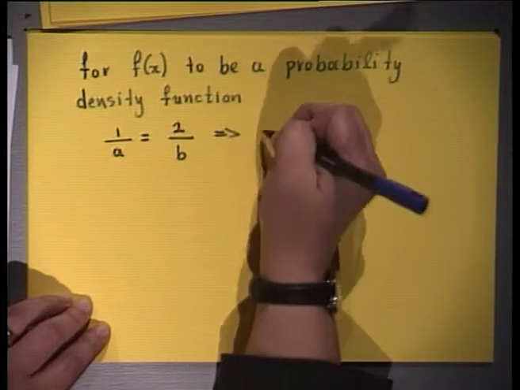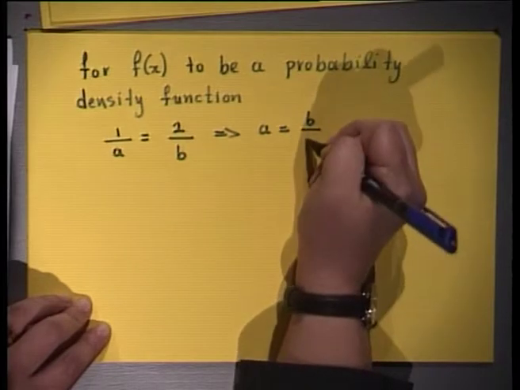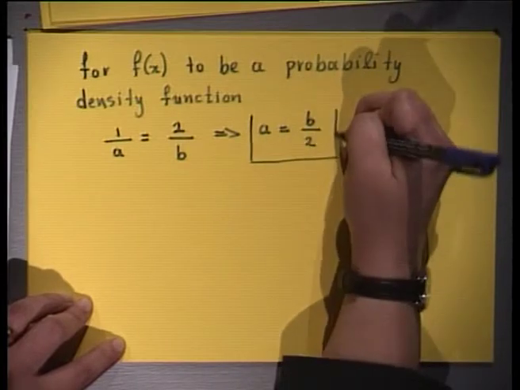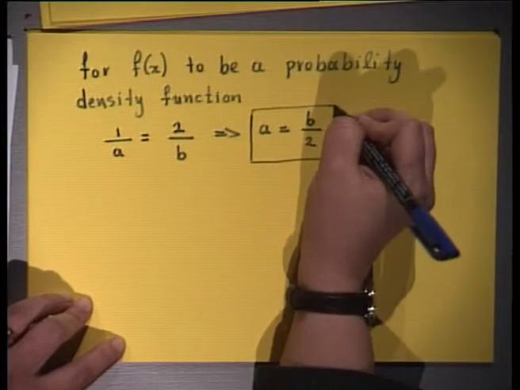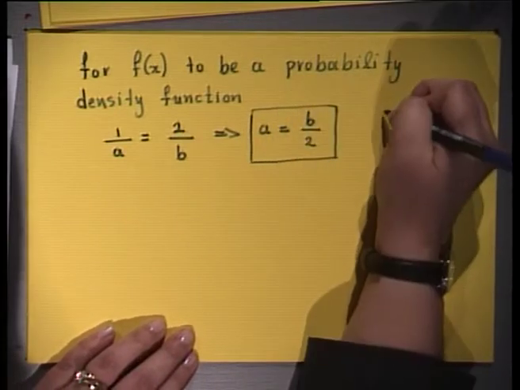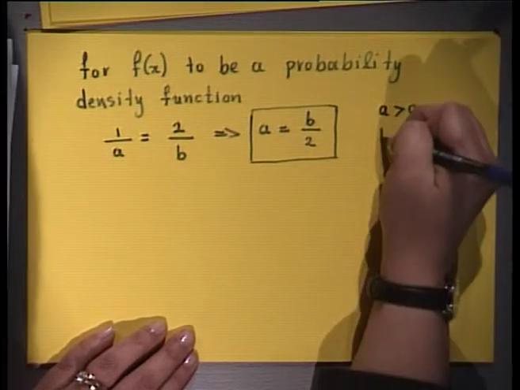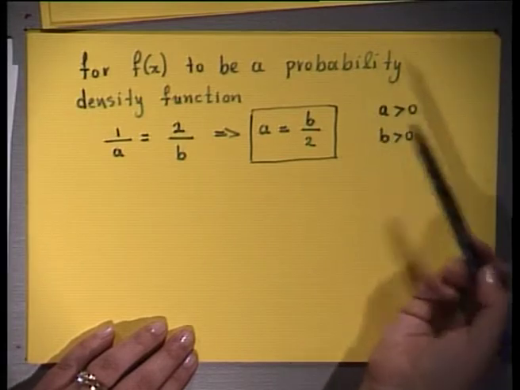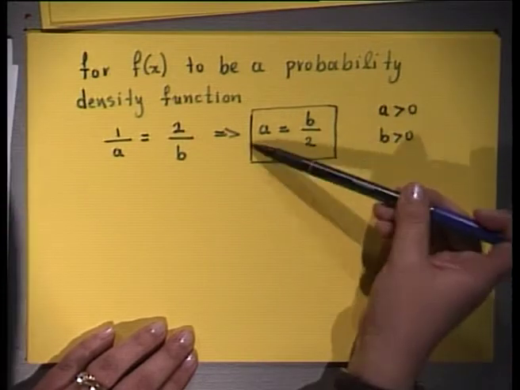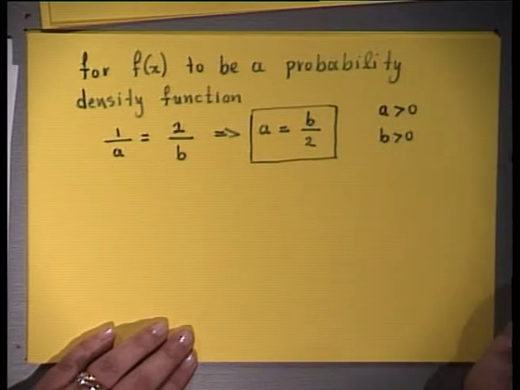And thus, a should be equal to b over 2. This is our third condition. It should hold. We write the other ones here as well. We have a greater than 0, b greater than 0. We also see that from here it is obvious that if a is greater than 0, b is too. So one of these conditions is enough.